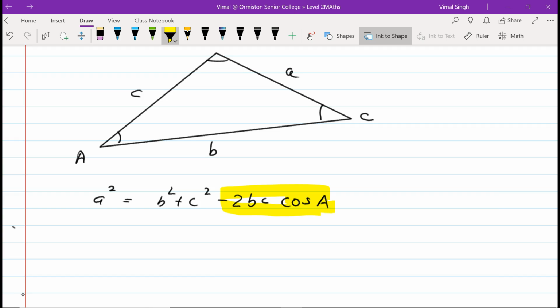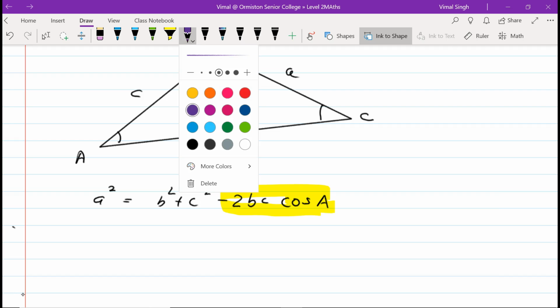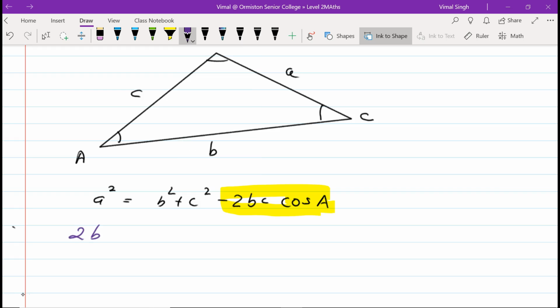Now, what I can do is I can take all of that on the left hand side. So this will now become 2bc cos of angle A is equal to b squared plus c squared minus a squared. Since I want cos of A, then I can divide both sides by 2bc.